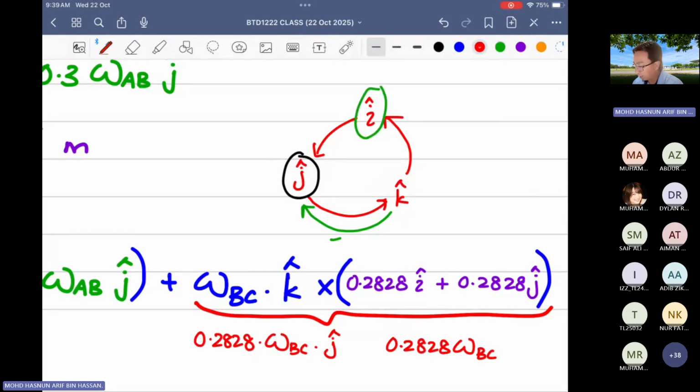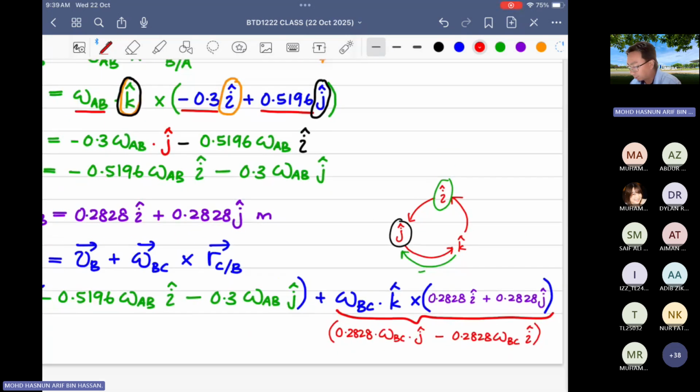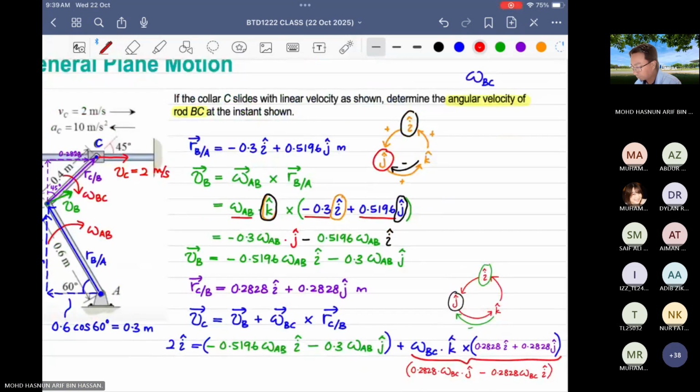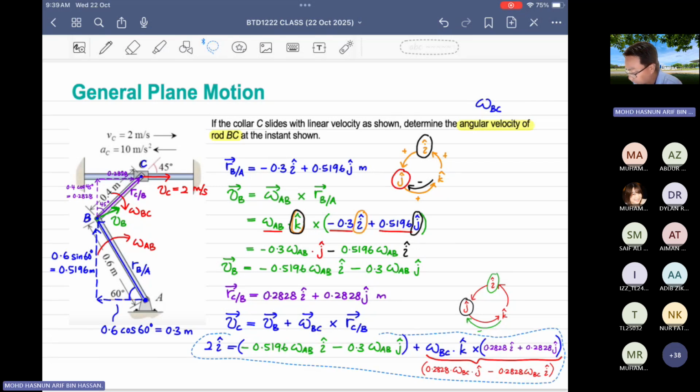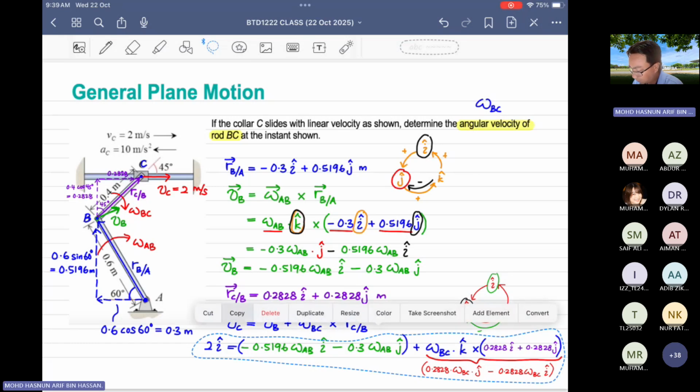So here we have negative in front and i at the back. So this is what we have from the vector multiplication. Let's take this to the next page so that we can continue how to solve this. I will copy all this.